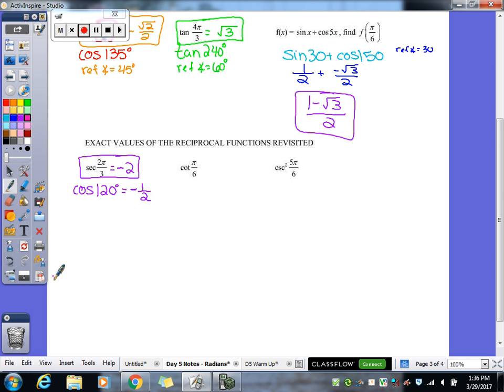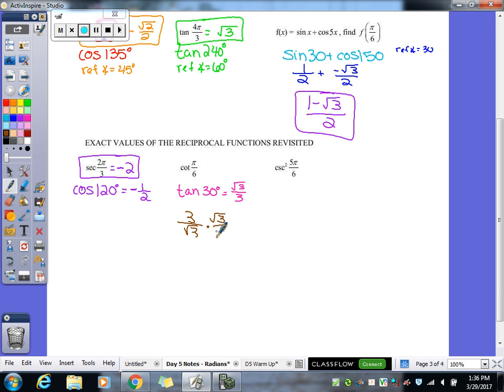So for cotangent, we really have to find tangent. This would be 30. Radical 3 over 3. So then I have to flip that, though. So that's 3 over radical 3, which, can I leave that?